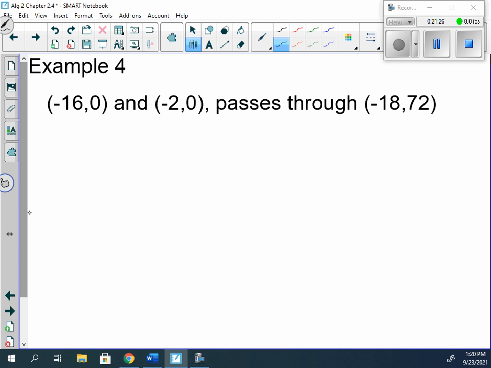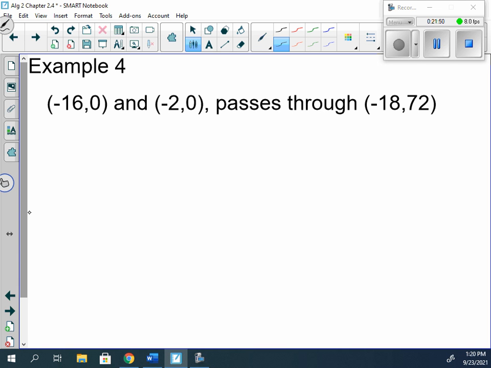So what are we given? We're given 2 points, yes? Now, neither one of these is told to us to be the vertex, because if we're given the vertex, it really has to be told to us. But there is something interesting about both of these points. The y value is 0 for both. They're x-intercepts.